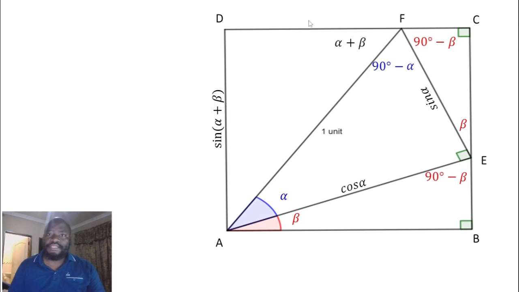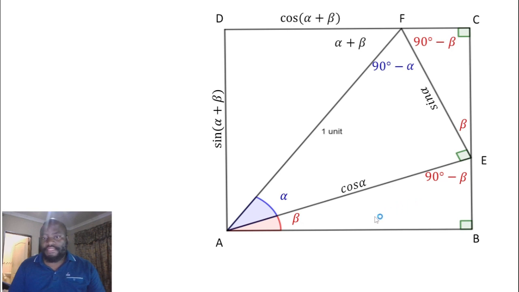Same goes for DF. If we say cos of this angle, it's DF over 1. So this one is cos alpha plus beta. Right, now we're left with finding these other smaller sides.